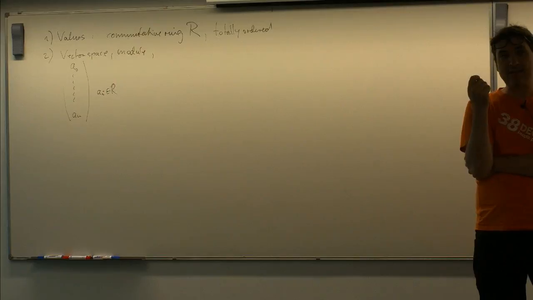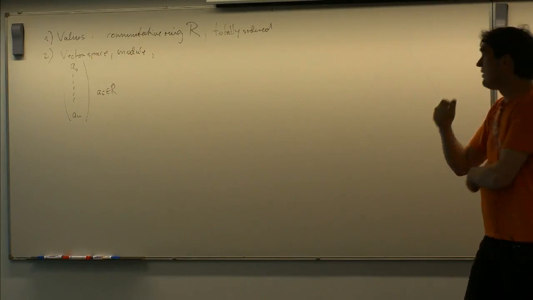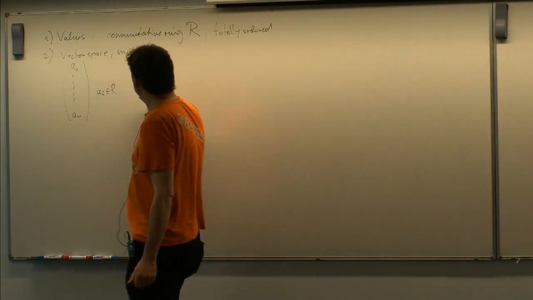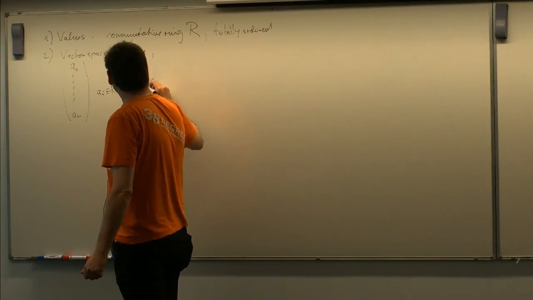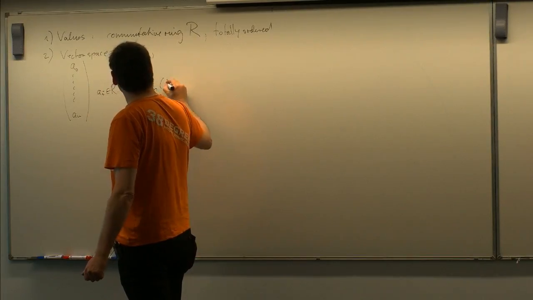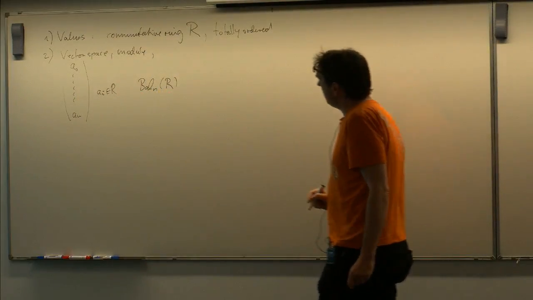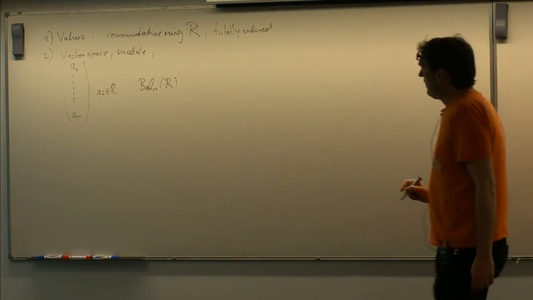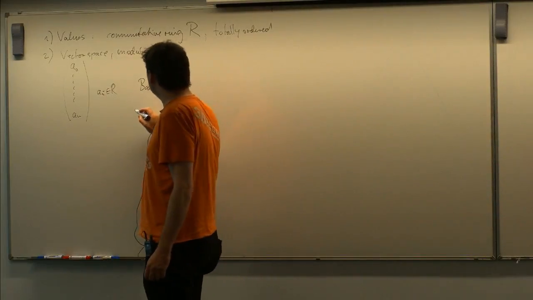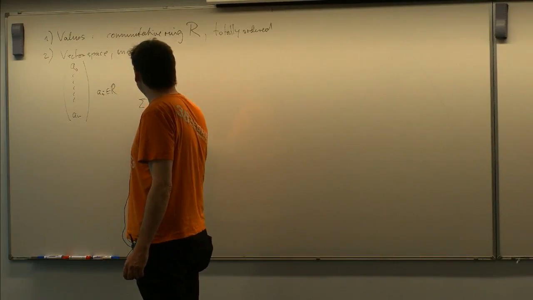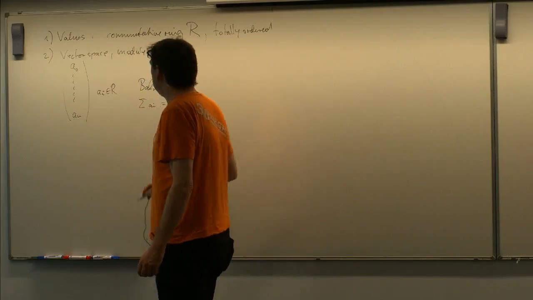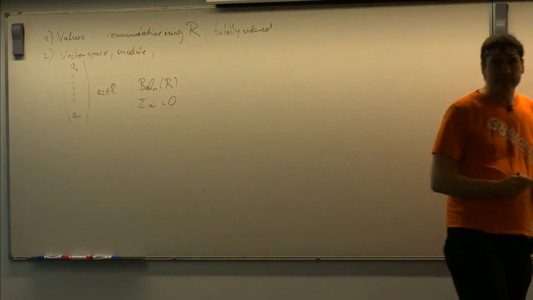So this is where it gets a bit more interesting. These vectors should be balanced. So they write this module like this: the set of balanced vectors of dimension n over the ring R. And what does it mean to be balanced? It just means that the sum over all of these a sub i's is 0.